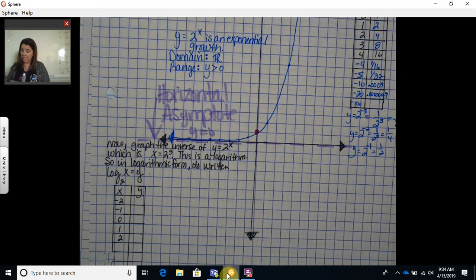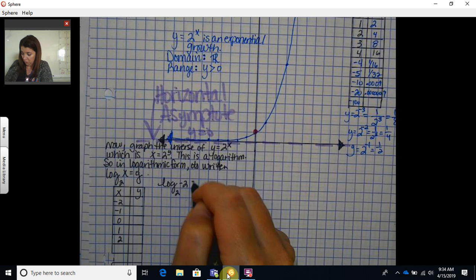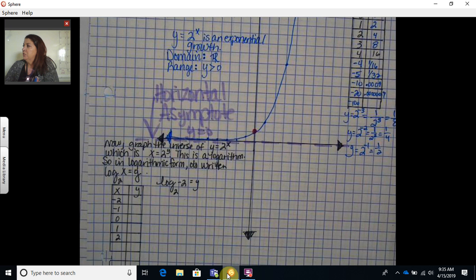Alright, so negative 2. If x is negative 2, that would be log base 2 of negative 2 equals y. Could we do change of base to evaluate that? Yeah. Tell me what you get. Y'all have calculators? What you get?